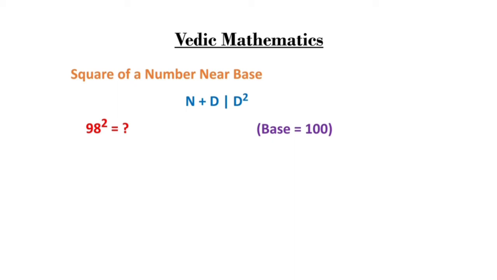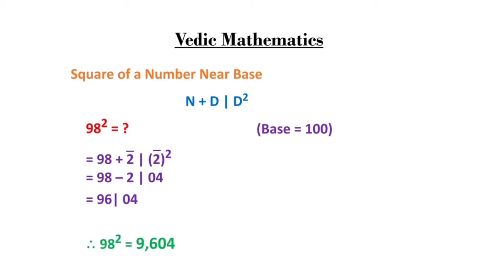So the first part is 98 plus -2, meaning 98 minus 2, which equals 96. The second part is -2 square, which equals 4. But here we write it as 04, since base 100 has 2 zeros and we are supposed to make it 2 digits. Therefore, the square of 98 is 9604.